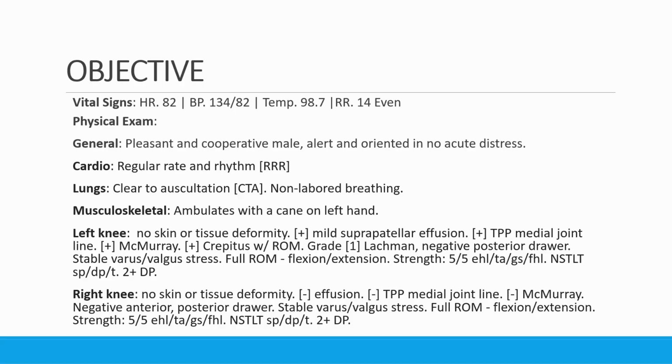The subcomponents of this section include the following: the vital signs, your general survey or the general appearance of your patient, the HEENT, the lymph nodes, the lungs, the cardiovascular assessment, abdomen, rectal if it's indicated, genitalia or pelvic, the extremities, upper, lower extremities, the neurological system, and also psychiatric system.